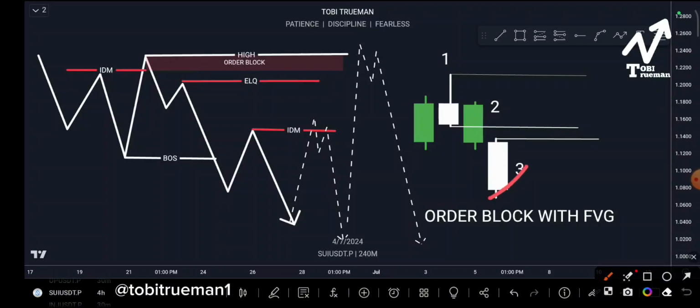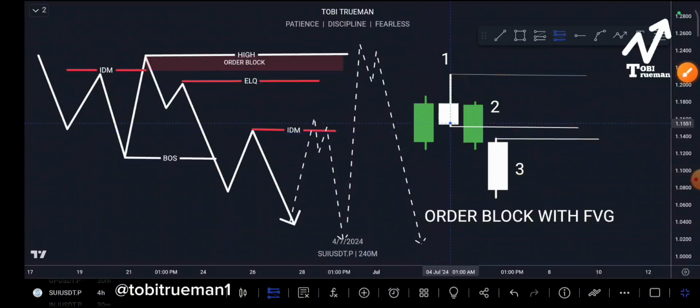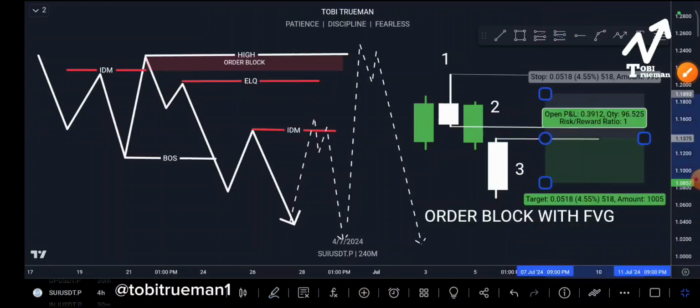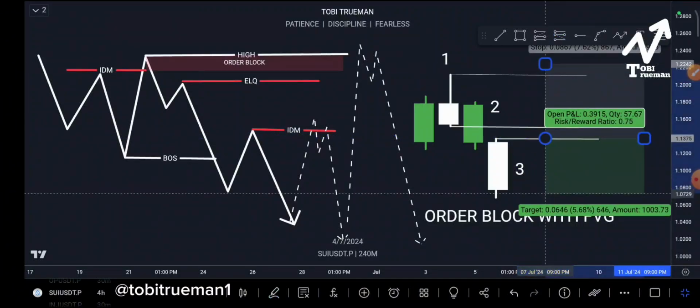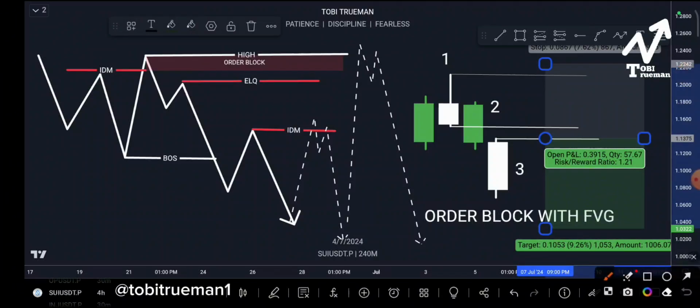Price can come into the FVG. If it comes into the FVG, good. Then if it also taps this candlestick that's inside this other block, that will be tagged along with the trade. So we are putting our two entries in between this fair value gap and this other candlestick. If price taps on the fair value gap, we'll be tagged along. If it also taps the candlestick that is inside the other block, we'll also get tapped along.